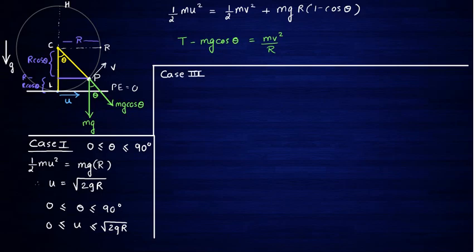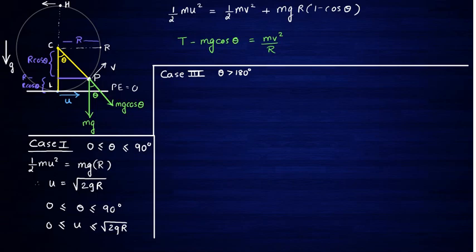Let us skip case 2 because case 2's result will automatically come if we analyze case 3. So what is case 3? We want the particle to completely go past point H, that is, complete the vertical circle. So for case 3, we basically want theta greater than 180 degrees. Mind you, we are deliberately skipping case 2 over here. We'll understand the reason very soon.